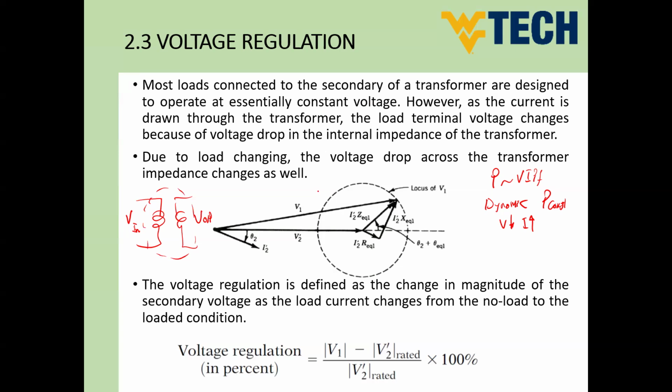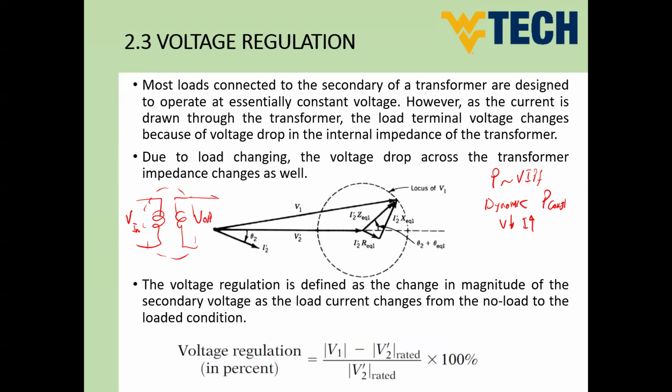This is due to the load change. So due to the load changing, the voltage drop across the transformer impedance changes as well. So this is, guys, load dependent now.